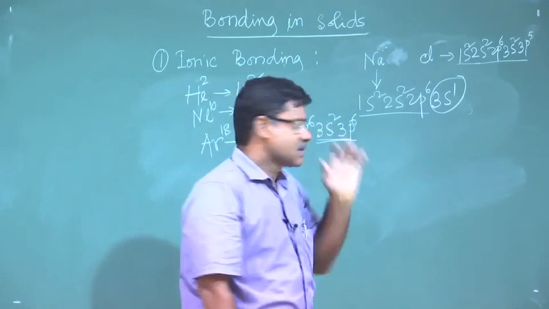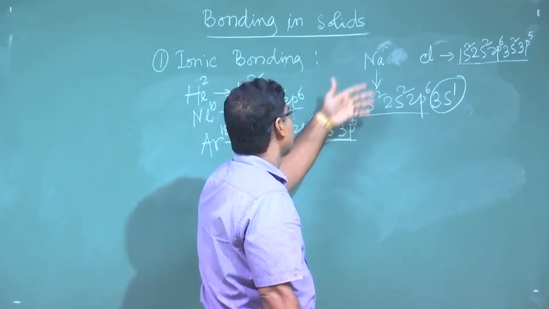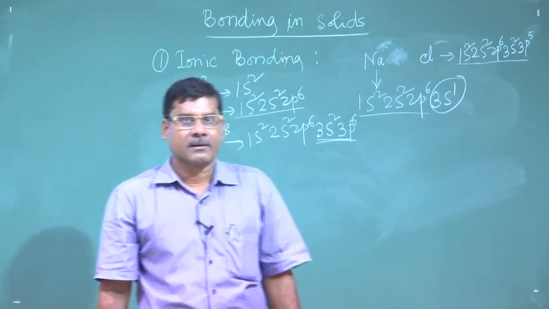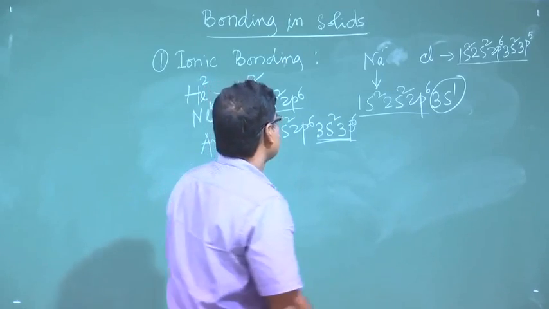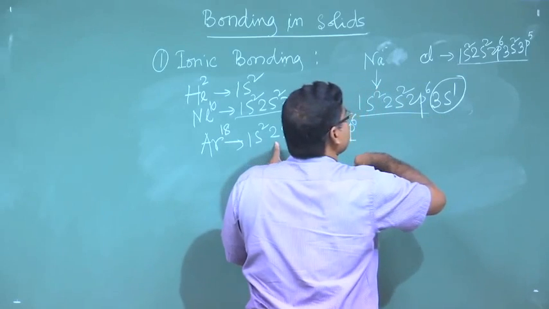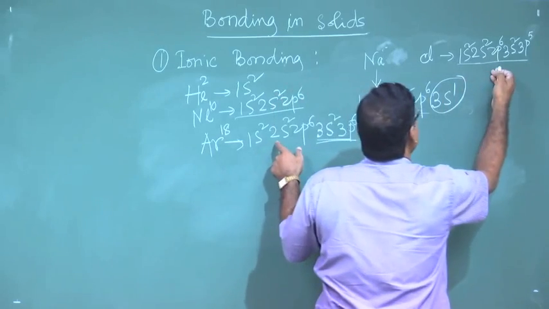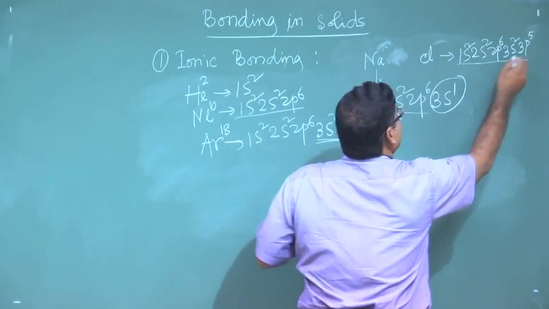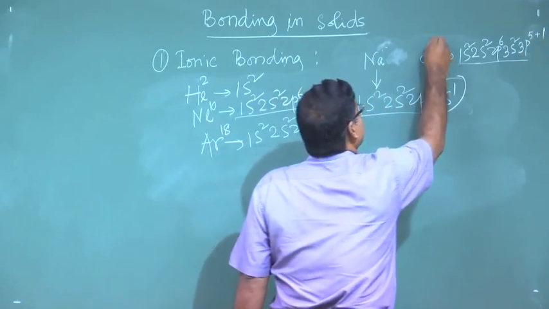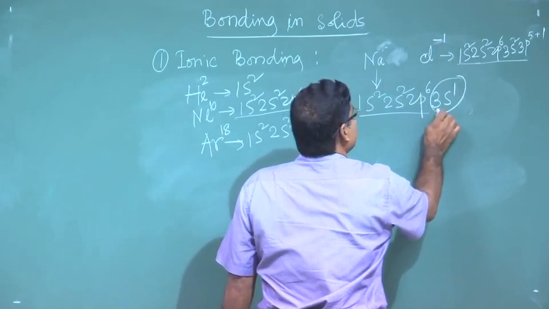If any atom gets this configuration, it is the stable configuration. So, chlorine will go into this configuration if it accepts 1 more electron.